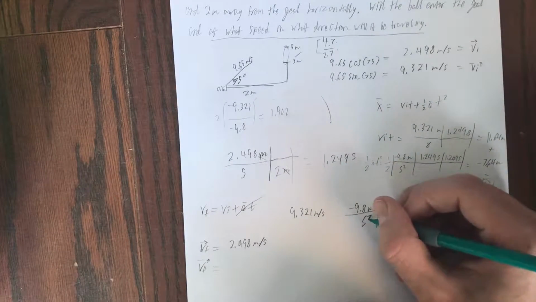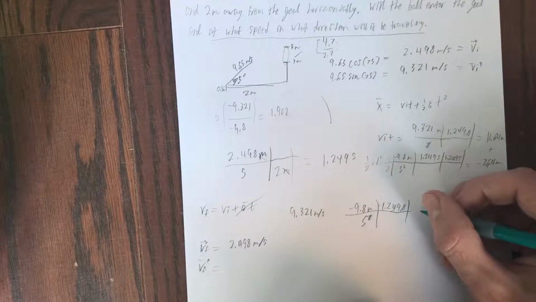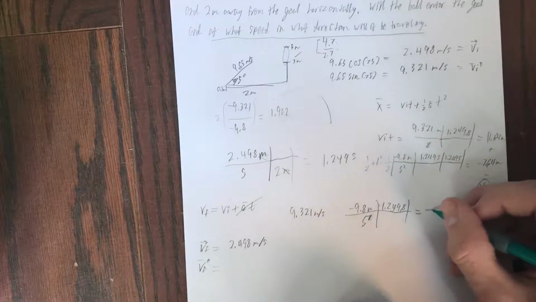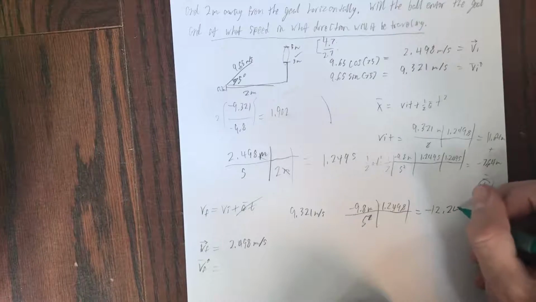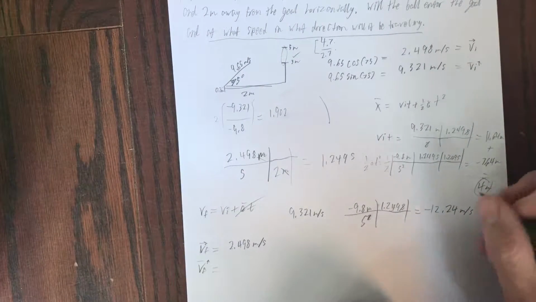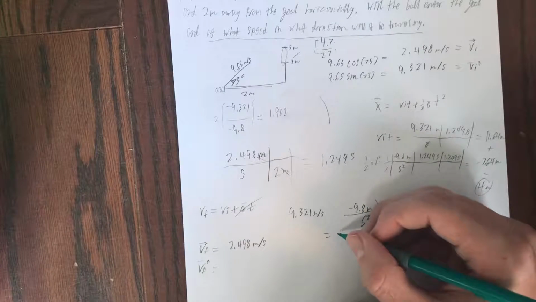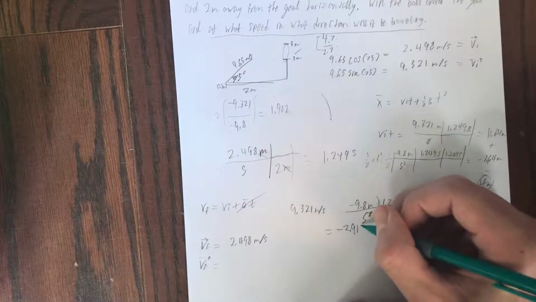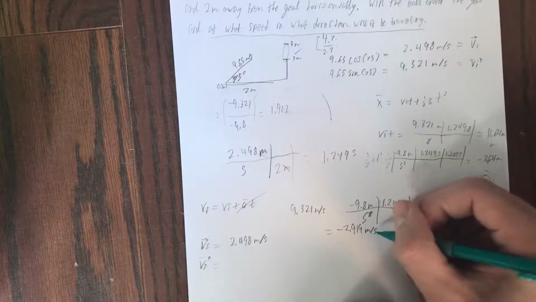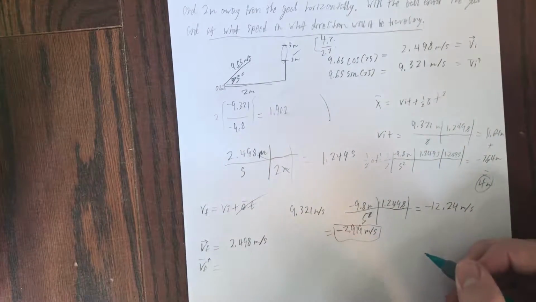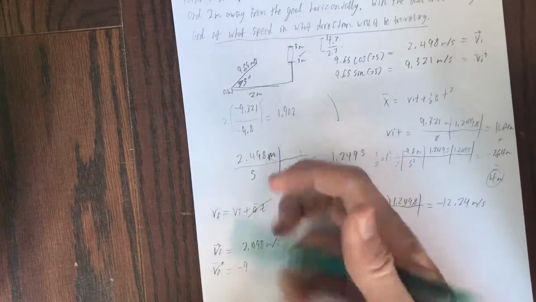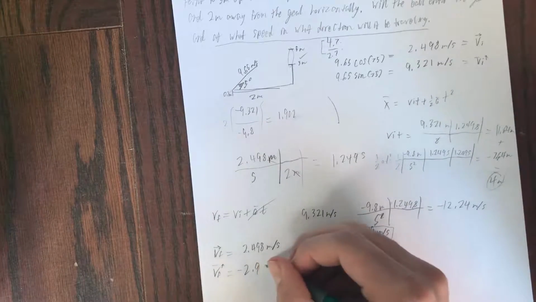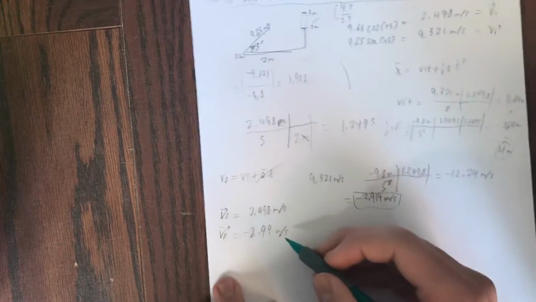That gives us meters per second, a negative 12.24 meters per second. Now if we add these both together, we get a negative 2.919 meters per second. That's some pretty quality numbers right there. Let's fill that in so we can reference it.